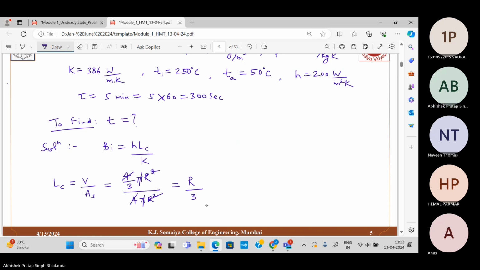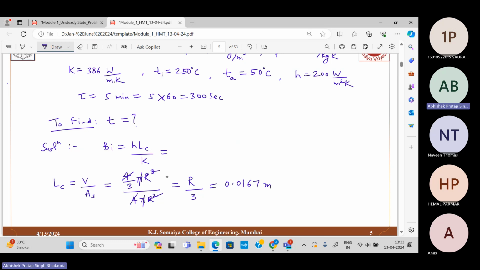Okay, r by 3. We know the diameter is given as 0.1 meter. From this you can find the radius and just put the value. So we can find the value of Lc, which is 0.0167 meters. Now put the value of Lc in the above expression.